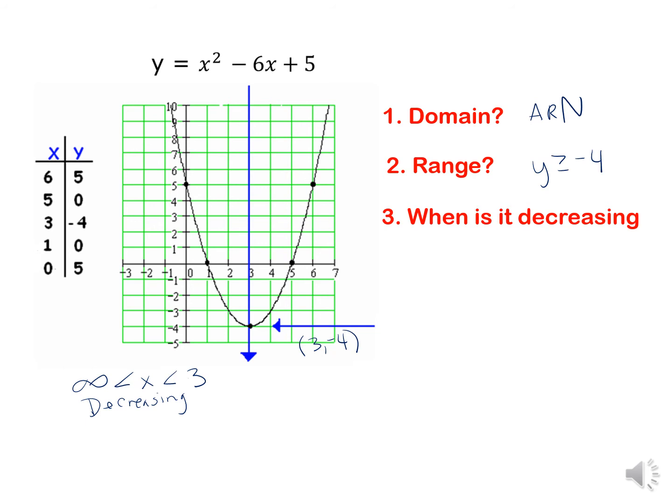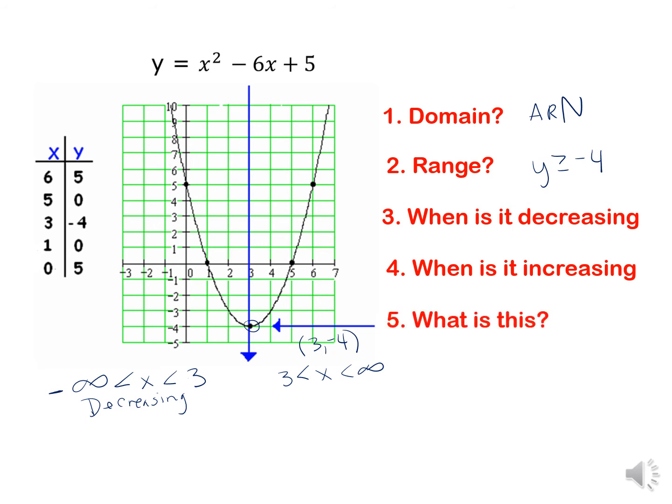It's never equal to the lowest point, and it's never equal to infinity. Okay? When is it increasing? I would say from x is greater than 3 and up till infinity. So you could put -infinity over here. That differentiates between the two infinities.